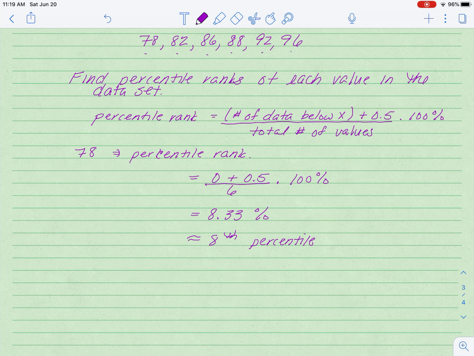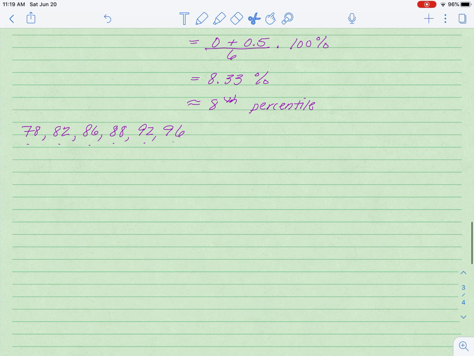So let me keep track of these numbers. Let's put it down here again. All right, so now let's look at 82. We want to figure out the percentile rank of 82. So this percentile, I'm going to write it in this form, is equal to how many numbers lie below 82? Well, 1 does. So we have 1 plus 0.5 over 6, or 1.5 divided by 6.